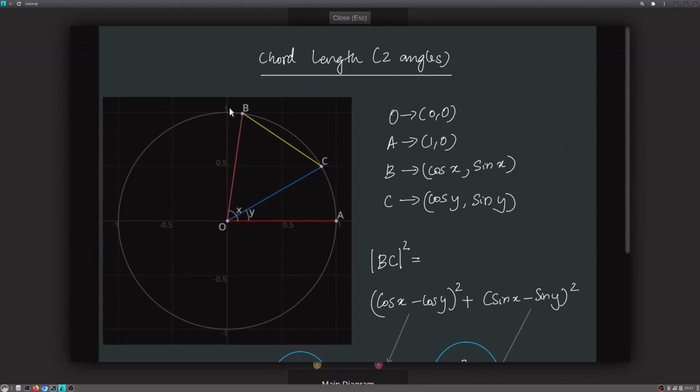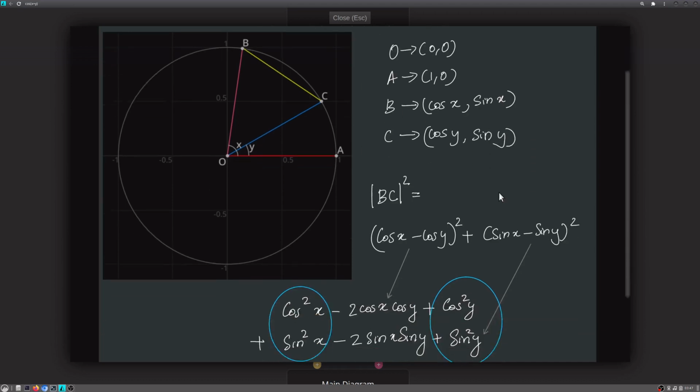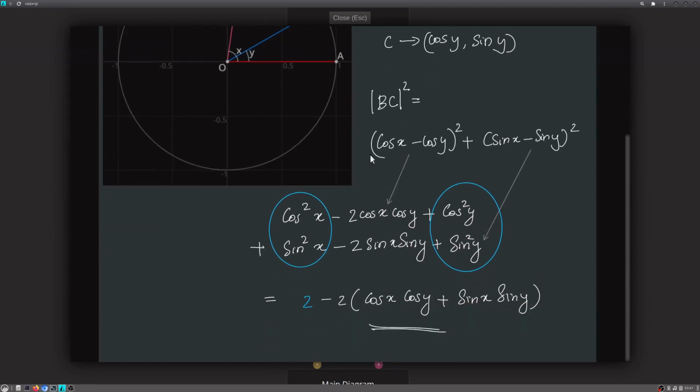So with x we had this point B, and now with y we have this point C here. Now we are trying to find the distance square between these two, so BC square. And you can see the coordinates over here: 0, 0 for origin, 1, 0, cos x, sin x, and cos y, sin y. So the distance square would be cos x minus cos y the whole square plus sin x minus sin y the whole square.